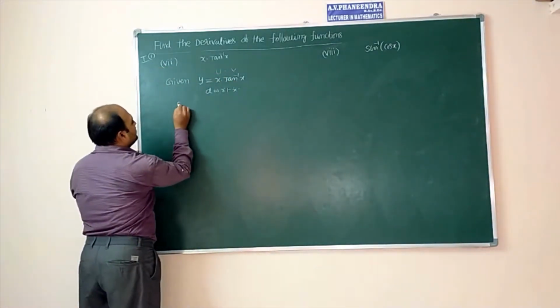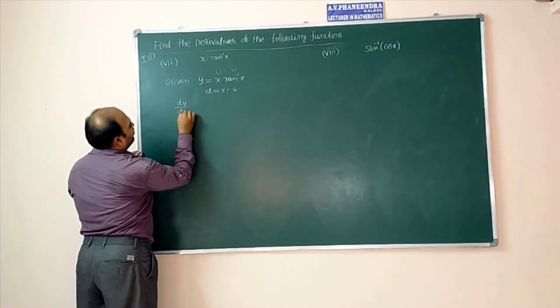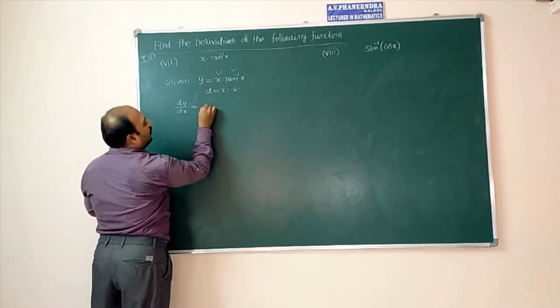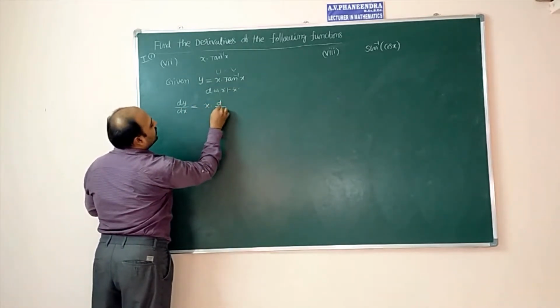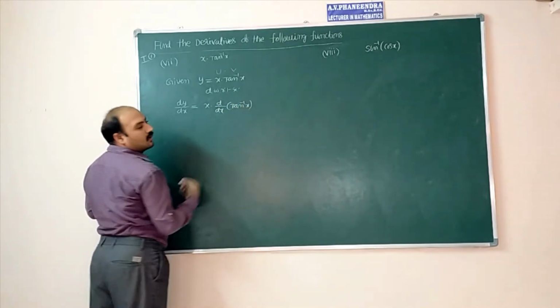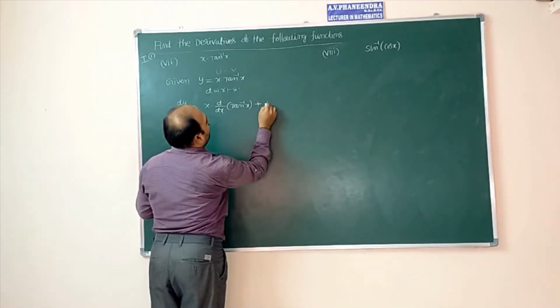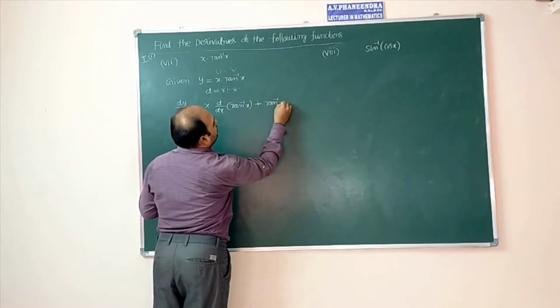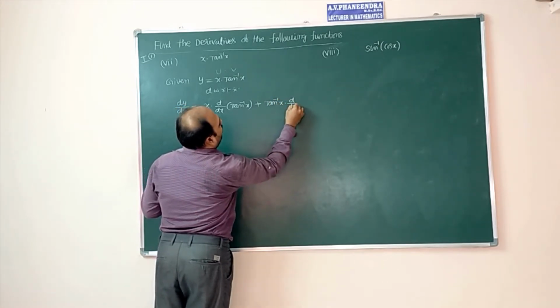So the derivative is dy by dx, u, that is x, into d by dx of tan inverse x, plus v, that means tan inverse x, into d by dx of x.